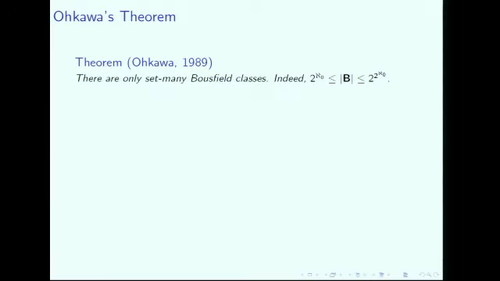To solve that problem, we've got this lovely theorem by Ohkawa from the late 80s saying that there are only set many Bousfield classes. In fact, there are somewhere between continuum and 2 to the continuum of them.